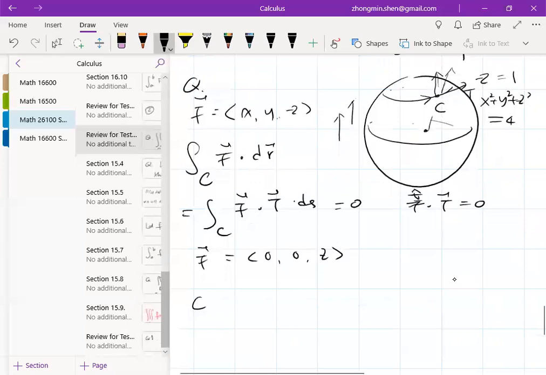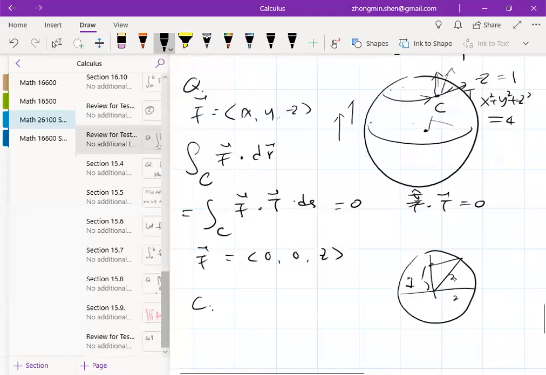So how to parameterize C? It's the intersection of these two, okay? The radius is 2, right? And here is going to be 1, the height, right? How about that? Here's 2, right? Can you figure out the angle?